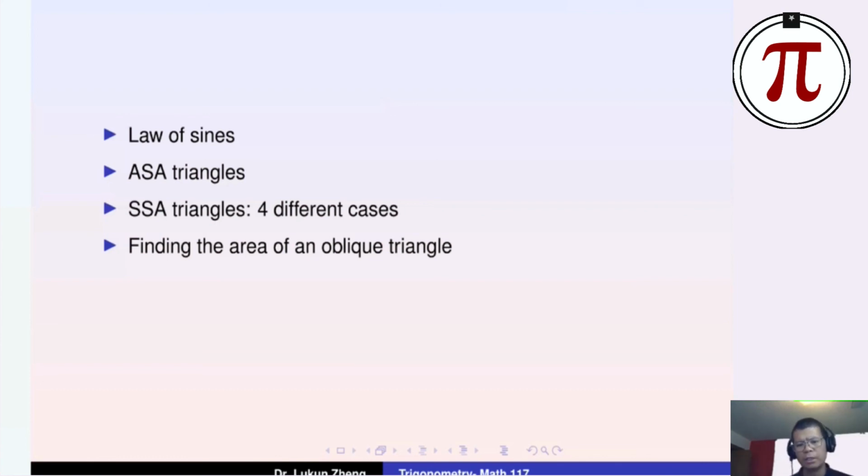Finding the area of an oblique triangle, right? So there is using one-half ab times sine of gamma: the product of two sides times the sine of the angle between them, times one-half, of course.